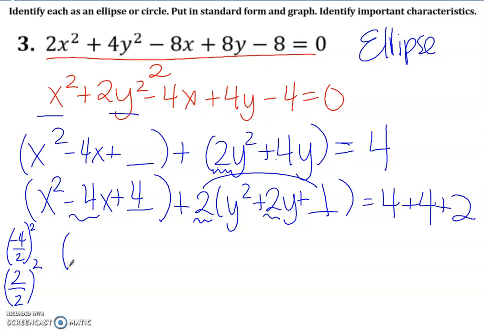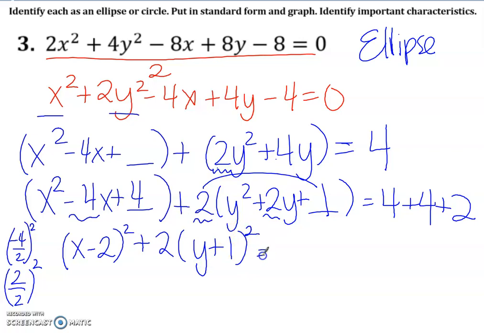So this trinomial becomes x minus 2 squared plus 2 times y plus 1 squared equals 10. We factor those trinomials the same way we did with circles. Because if you remember the standard form for an ellipse, this right-hand side always equals 1.